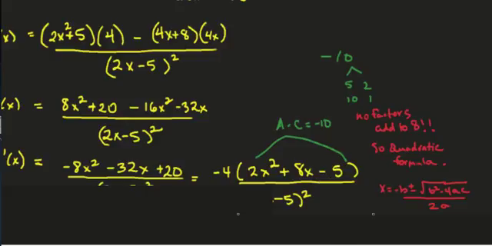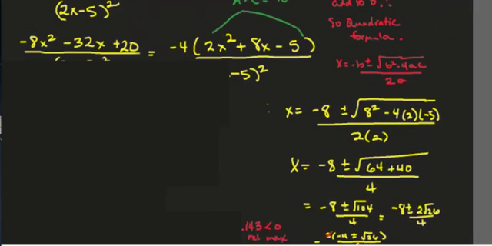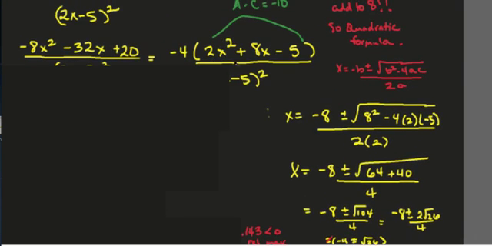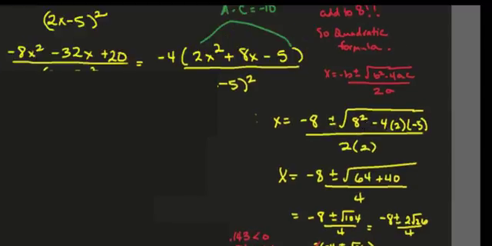At that point, what is my a, b, and c? My a is going to be my 2, my b is going to be my 8, and my c is my negative 5. So we have negative 8 plus or minus the square root of 8 squared minus 4 times 2 times negative 5, just plugging into the formula, over 2. Simplify a little bit.